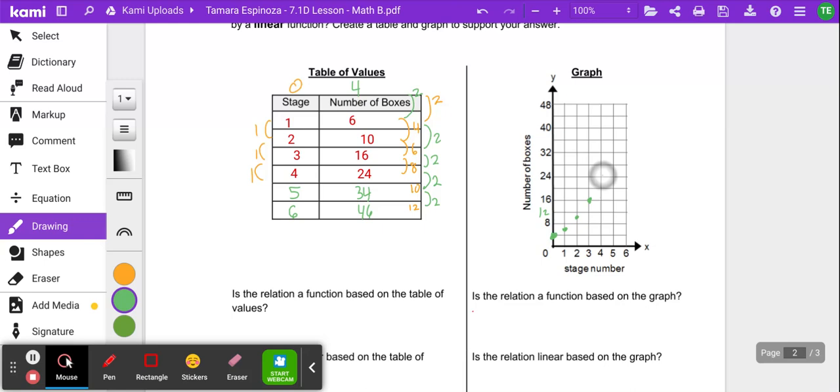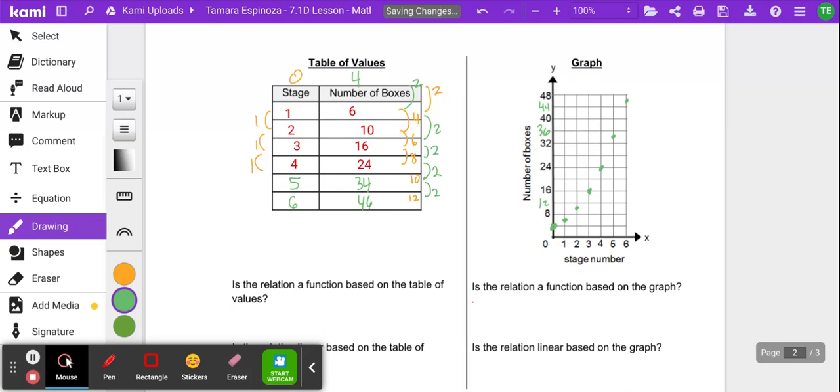At 4, I'm at 24. At 5, I'm at 34. This is 36, so 34 is kind of in the middle. At 6, I'm at 46. Okay, so I see that it is making kind of a U shape. It's half of a U, which means it's quadratic. The second difference, there's an x squared in the term because the second difference is the same, but not the first difference.